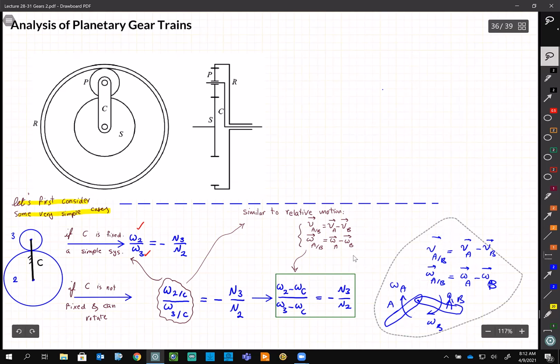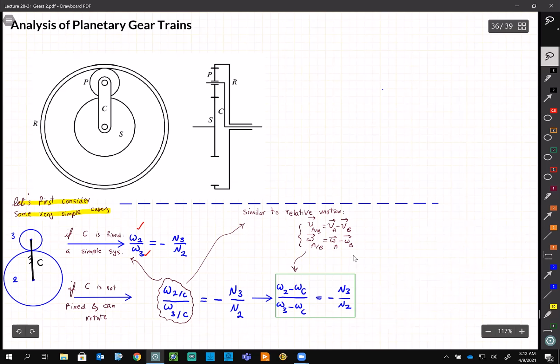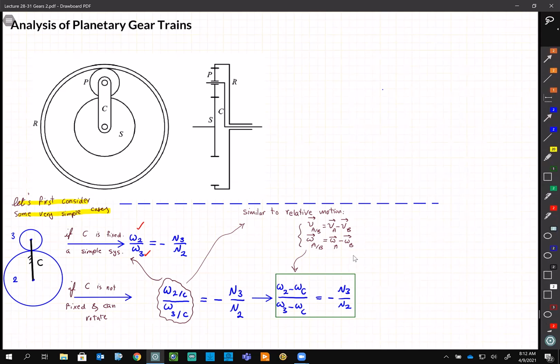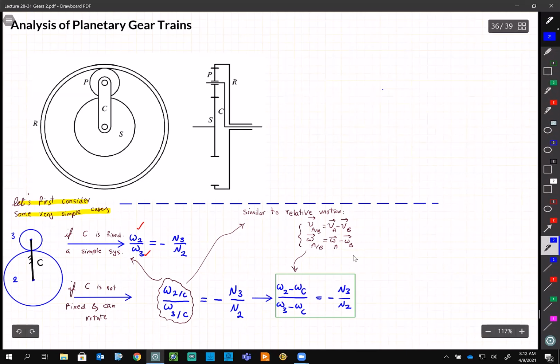So with that, if I want to solve the problem at the top, the one that we see at the top, how can we proceed with that? So let's assume that we are fixing C. If C is the reference.